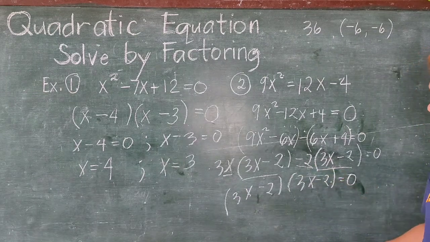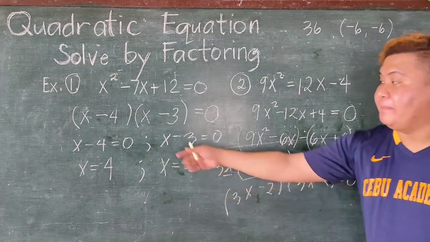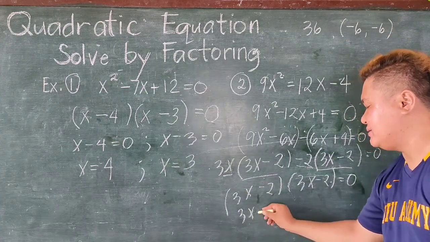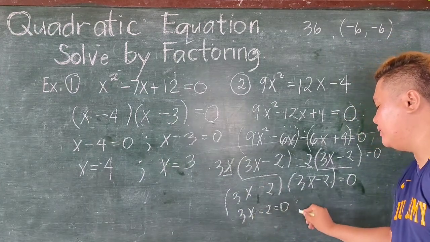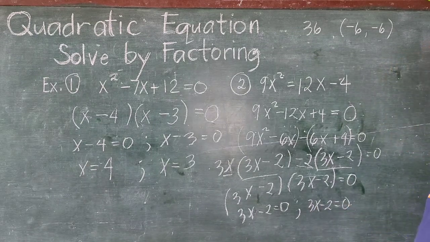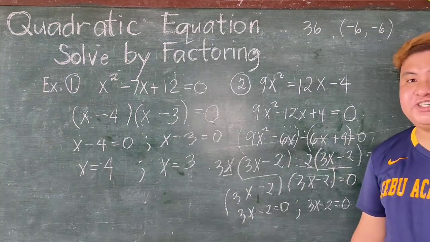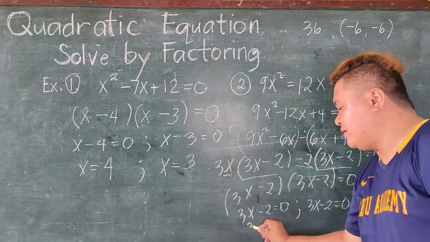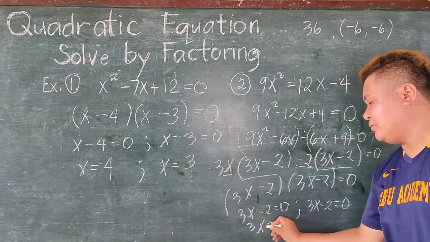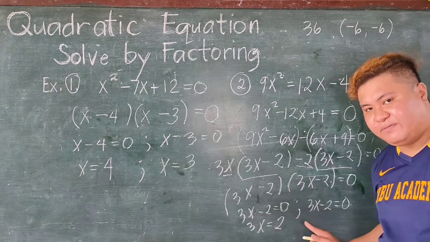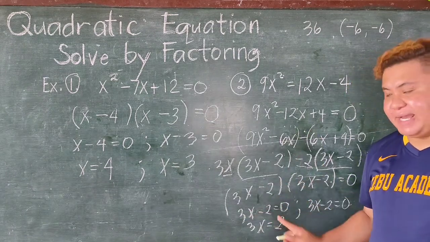The next step, we do it like this. So let's have 3x minus 2 equals 0, and 3x minus 2 equals 0. So, again, just transpose negative 2 to the other side. So we have 3x equals positive 2. Again, when you transpose, the negative becomes positive and the positive becomes negative.